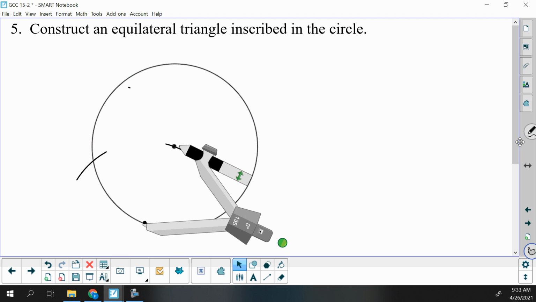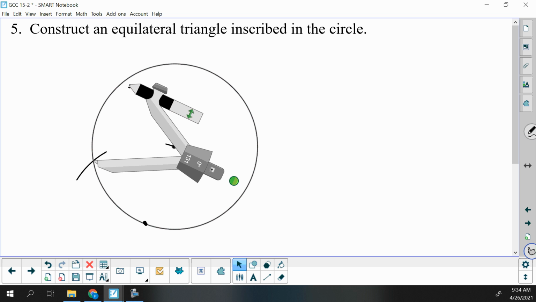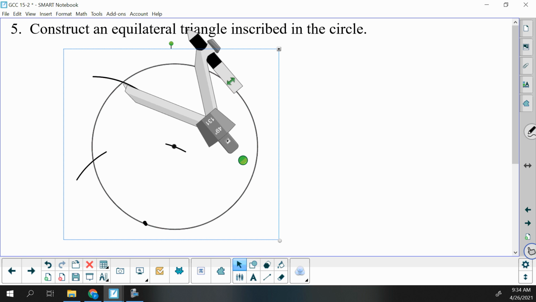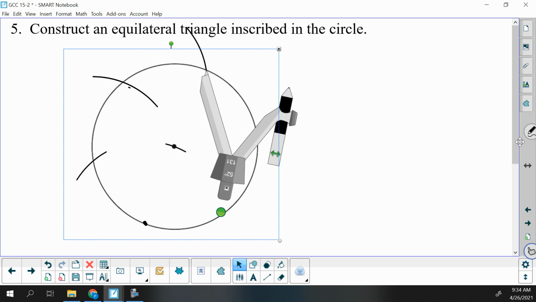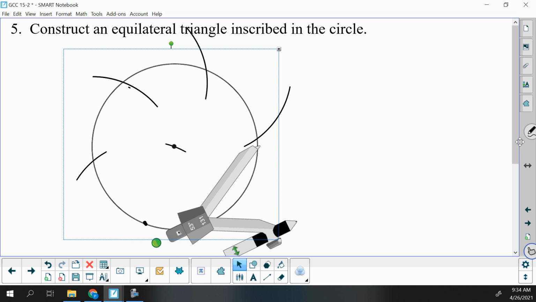Oops, I might have switched my arc, so I got to remeasure. So keep going around. You should have 6 total. After you have your arcs, don't mark anything after that.